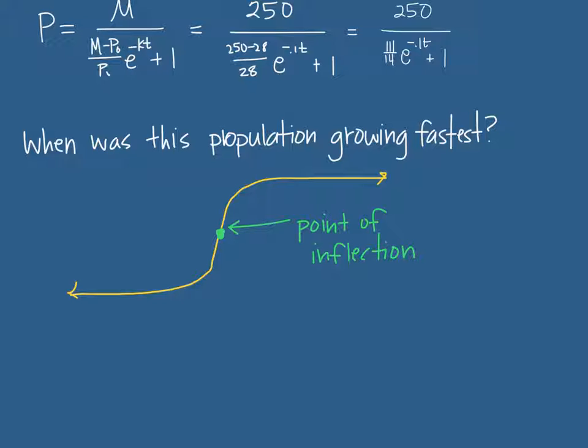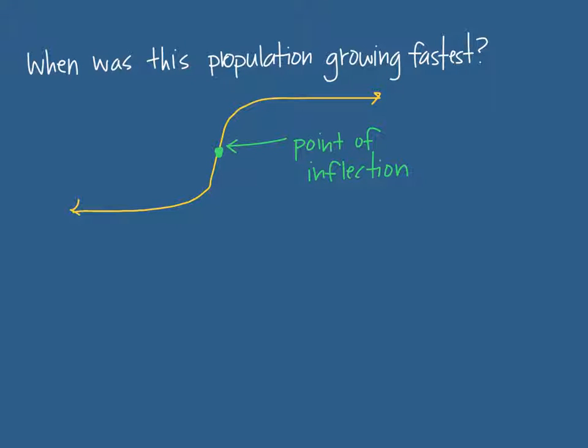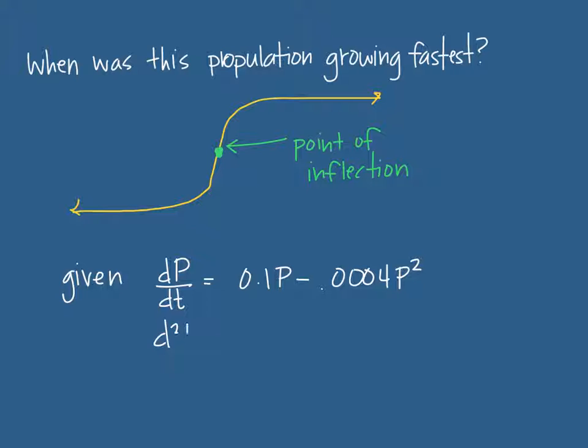Set the second derivative equal to 0. Well, where's my first derivative? I was given the first derivative, so we were given dp dt to be 0.1p minus 0.0004p squared. So I just need to find the second derivative, which will be 0.1 minus 0.0008p.